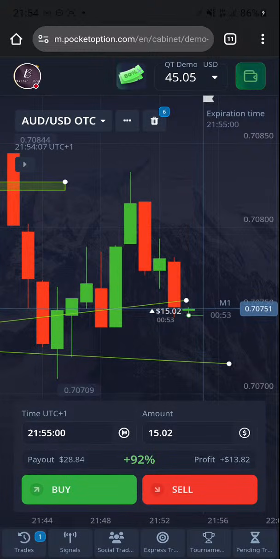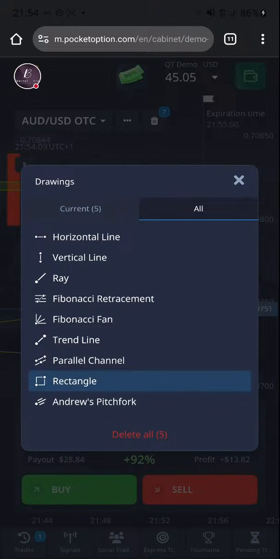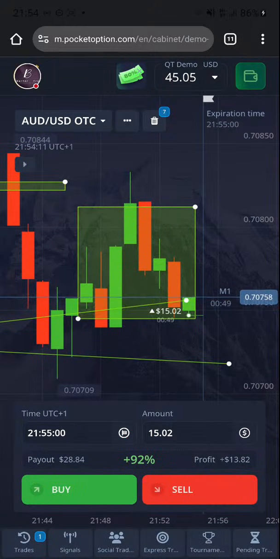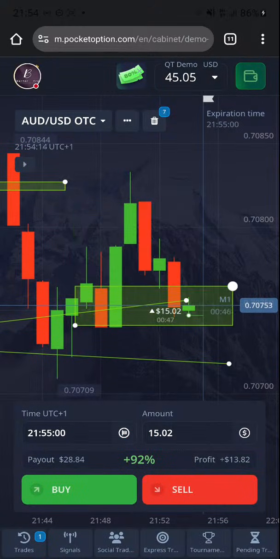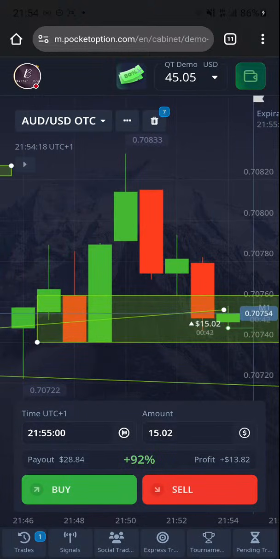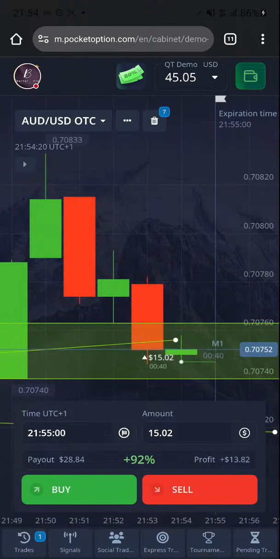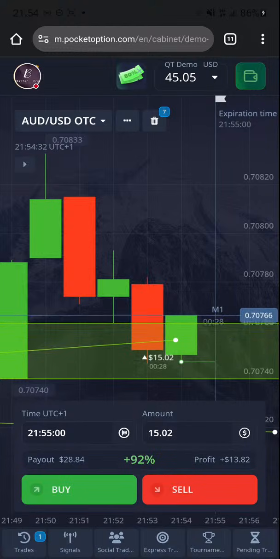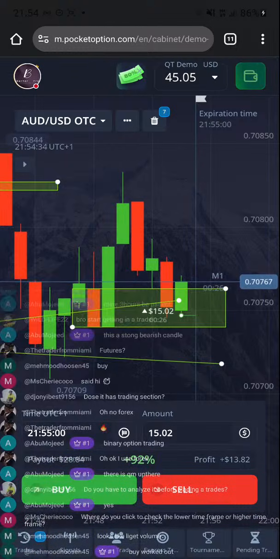Though it's not a very strong demand, there's a demand here, and the buyers in the demand can actually respond to the market and give us a green candle, and we have a gap down also. So that's another reason why I'm going with the buyers. I'm hoping the buyers will just hold the price, and we have 30 seconds left. Let's see if they will hold the price up and give us a green candle.